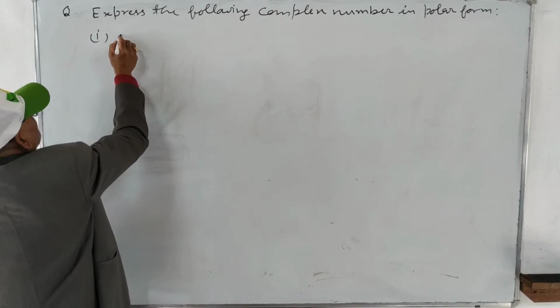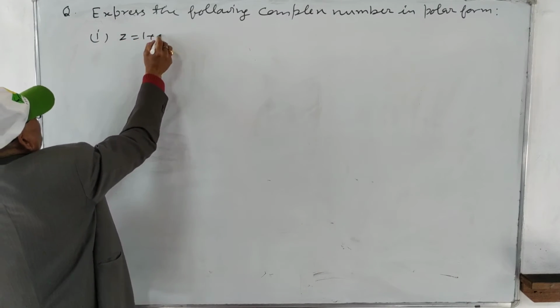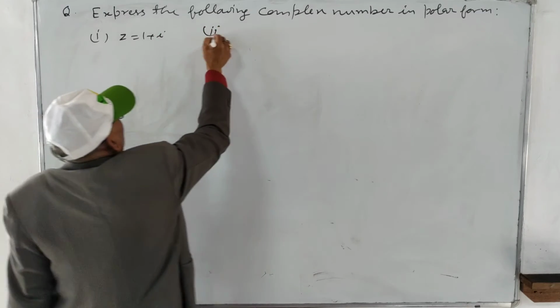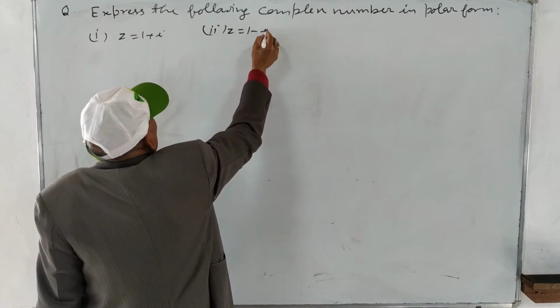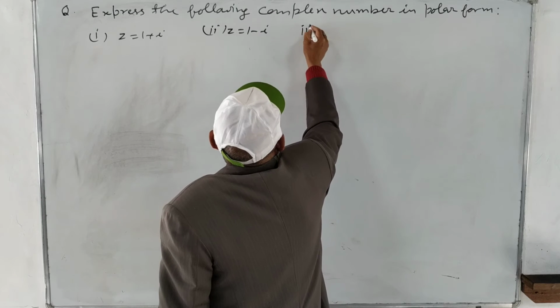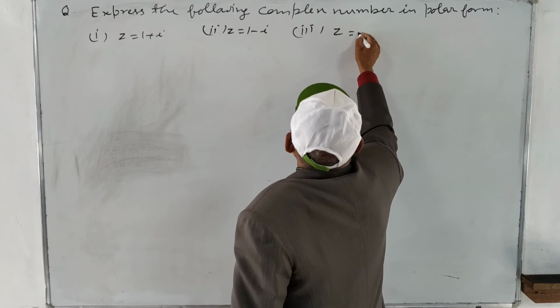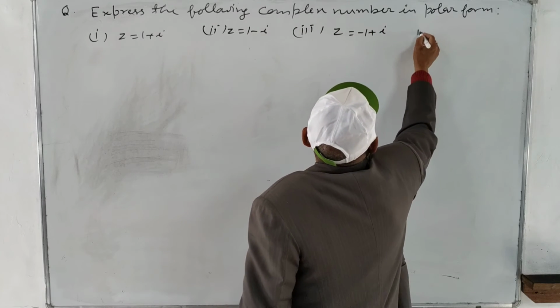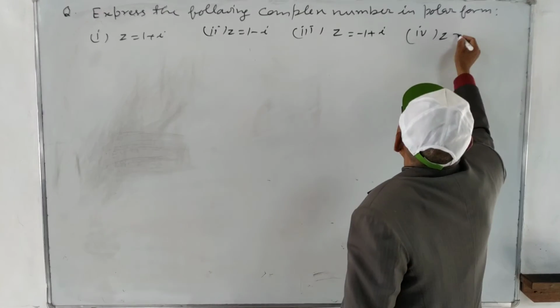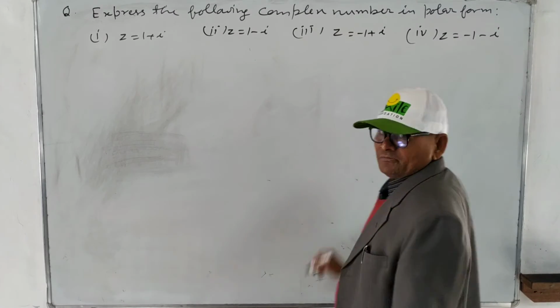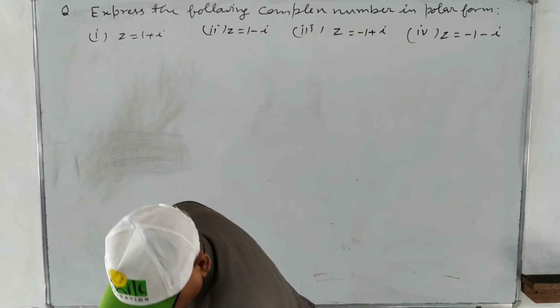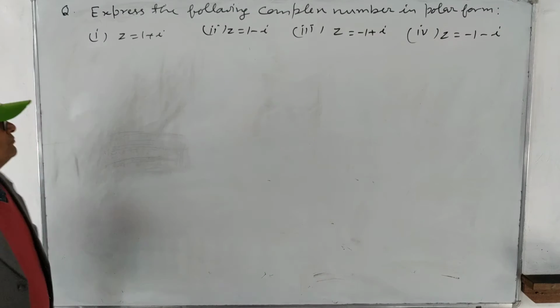First, z equal to 1 plus i. Second, z equal to 1 minus i. Third, z equal to minus 1 plus i. And fourth, z equal to minus 1 minus i. Solution.